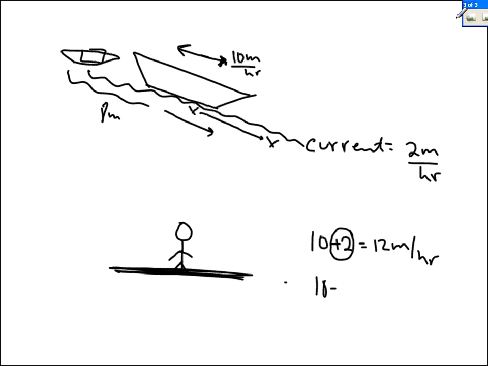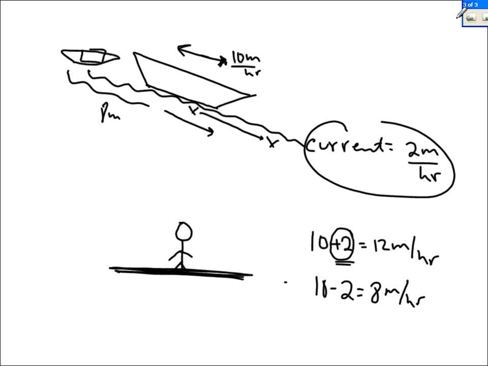It would be 10 minus 2, or 8 miles per hour. When you're going downstream, you add the current. Remember, the current was 2. When you're going upstream, you take your speed and you take away the current. Either you add the current or you take it away.